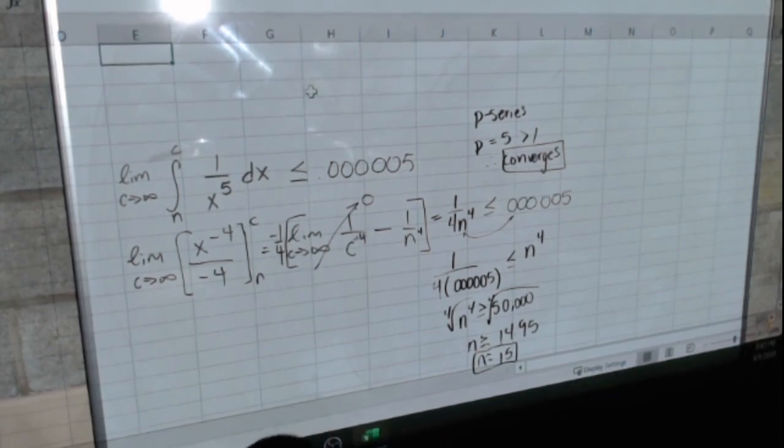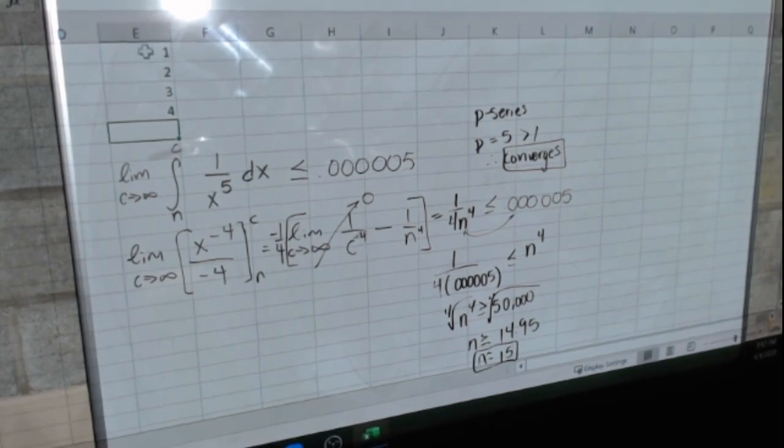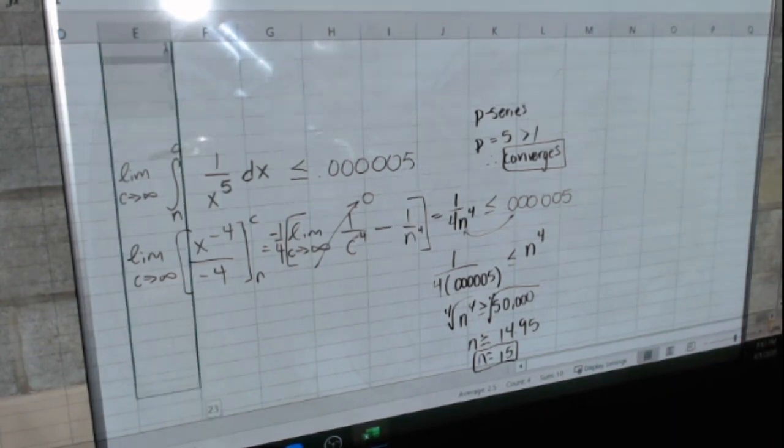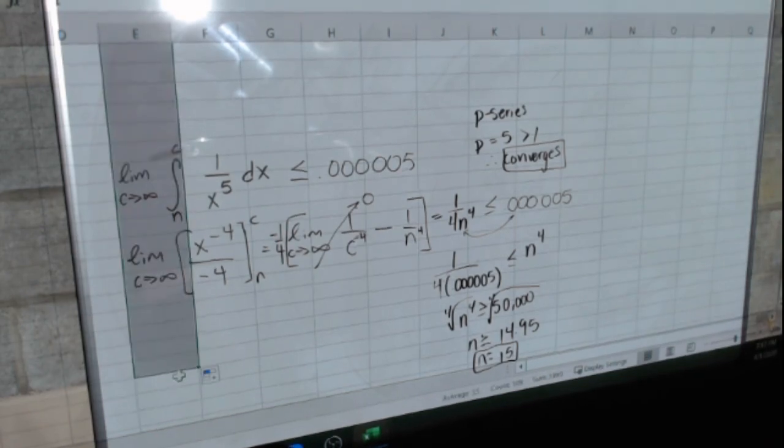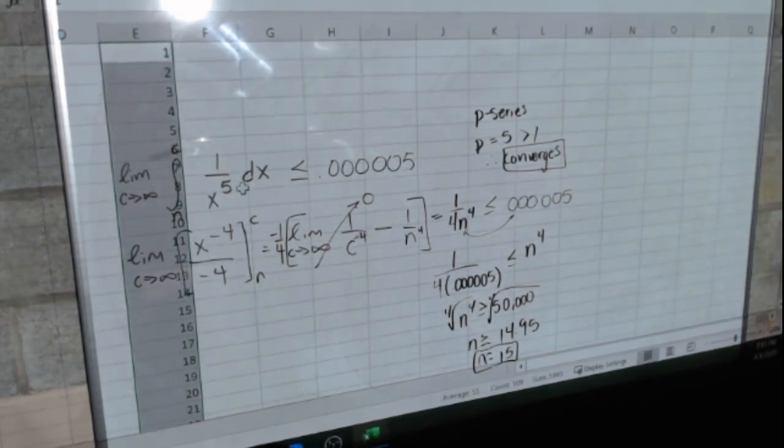Okay, so my terms start at 1, and they go up to some number. And I want to drag that just to get a bunch of terms. Didn't need 110, but we got 110.